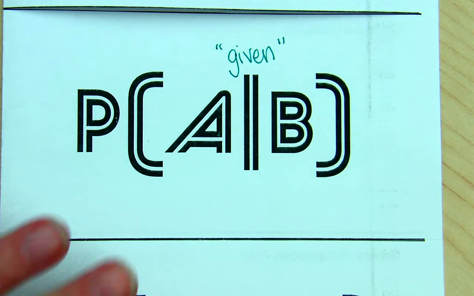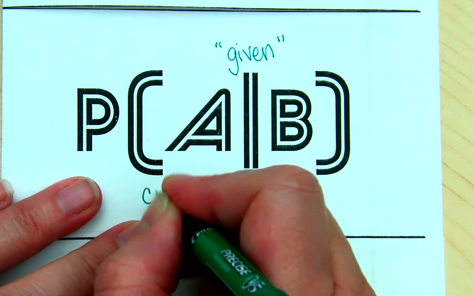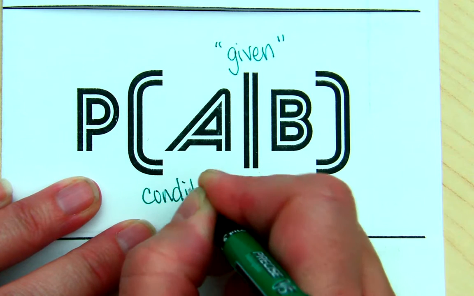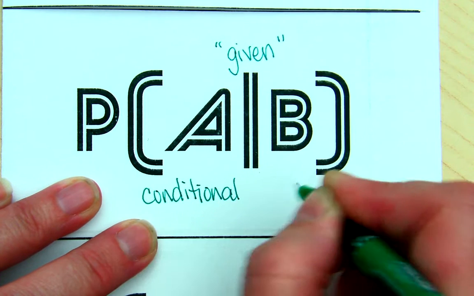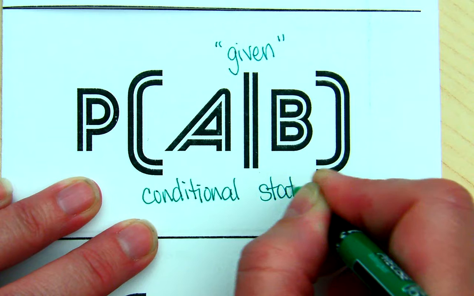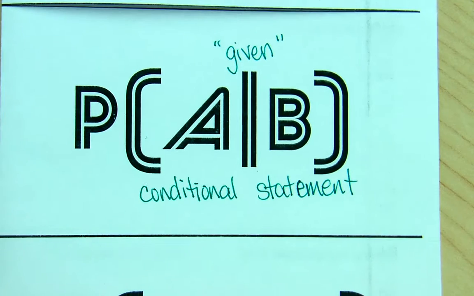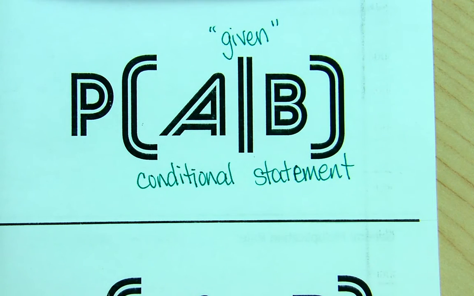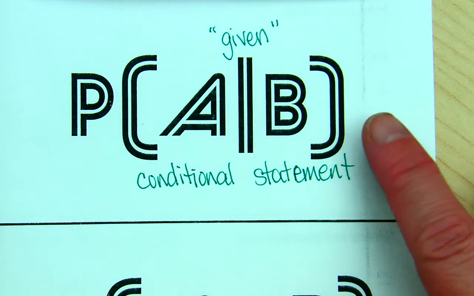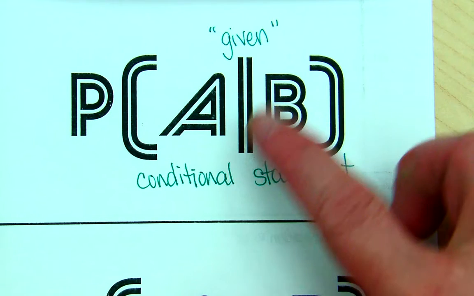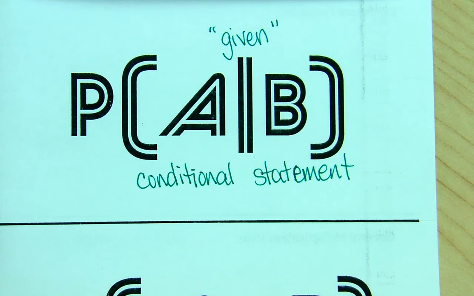So this is what we call a conditional statement. So if they ask you to write a conditional probability, this is what they're talking about. It's something with that given statement.